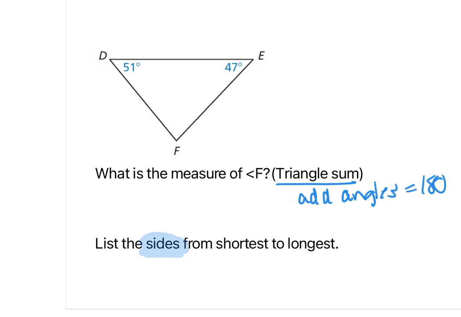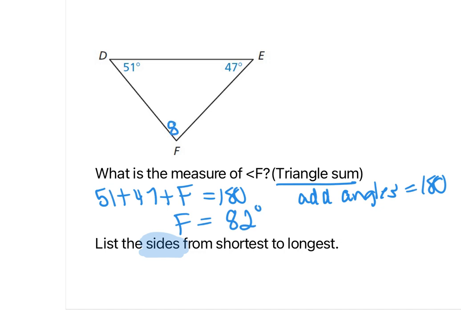So if we're going to add them together, 51 plus 47 plus, I'm going to call it F because it's angle F, will equal 180. And if we combine our like terms and subtract from both sides, angle F is going to equal 82 degrees. So let's go ahead and label that in there, 82 degrees. Now let's do a little figuring out.